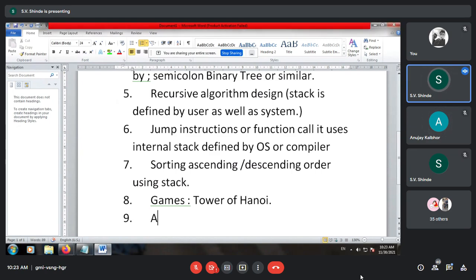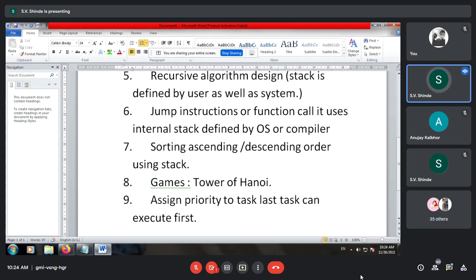You can assign priority to a task, and the last task can execute first. Whichever is at the top of the stack will be executed first. And lots more applications can be developed based on the knowledge of stack.